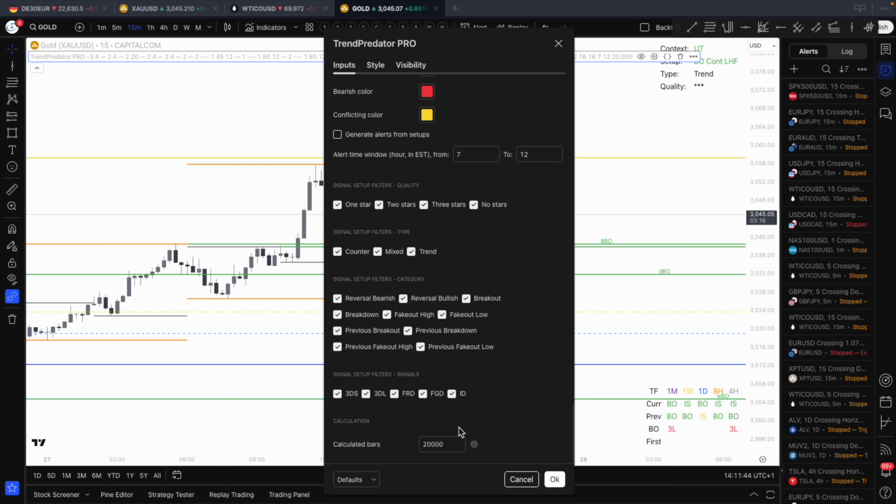So you can then, if you like, especially for the higher time frames, reduce the calculated bars here. For 4 hour and above charts, when you get an error message, you can just reduce this number here to 5,000 bars, then it works again. And the 2,000 you need for 15 and 5 minutes so that it has all the data it needs to calculate the bias. So I just reduce this to 5,000 for my higher time frame templates, and then it all works nicely again.